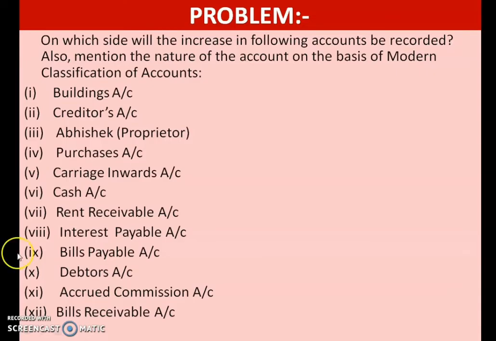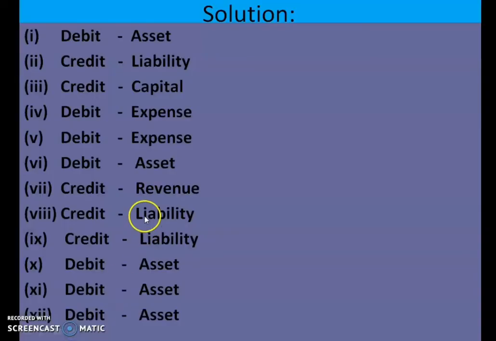The next item is interest payable. So children, remember, if the business has to pay something to anybody, it is your liability. Same is the case with bills payable. Both these items are your liability. So what you will write as the nature of your account is that it's your liability.